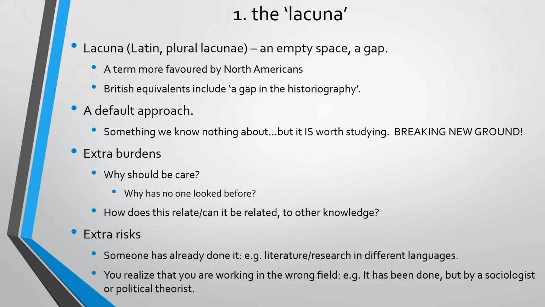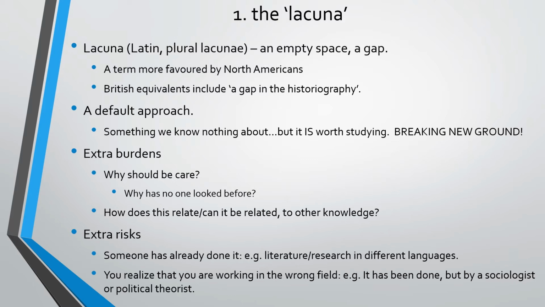You also may find that if you're looking at something that's totally new or hasn't been examined by someone in your field before, that in fact what you're doing is actually working beyond your field. For example, you might find that what you're interested in as an historian or as an economist has in fact already been looked at from a different angle by a sociologist or a political theorist.